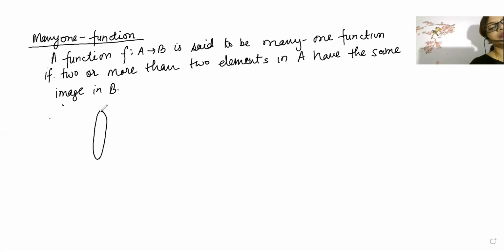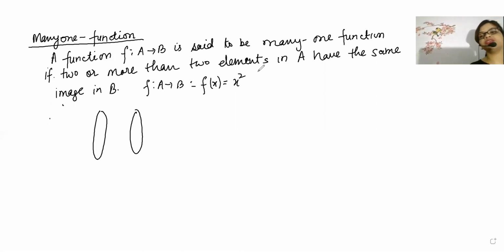Some examples of this are f: A → B such that f(x) = x², a polynomial, or f(x) = |x|. So these are examples of many-one functions.